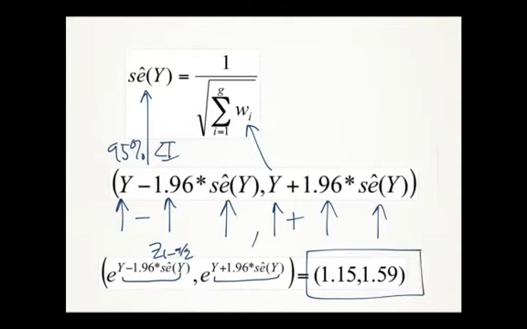Remember, this is all trying to get us to answer this question: is there a significant association between hypertension and coronary artery disease in our combined sample? So here's our confidence interval. Our confidence interval does not contain 1. 1 is not in there. And as a result, we would reject the null and conclude that yes, in fact, there is a significant association between hypertension and coronary artery disease.